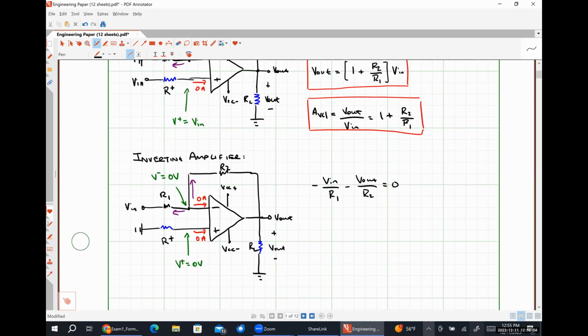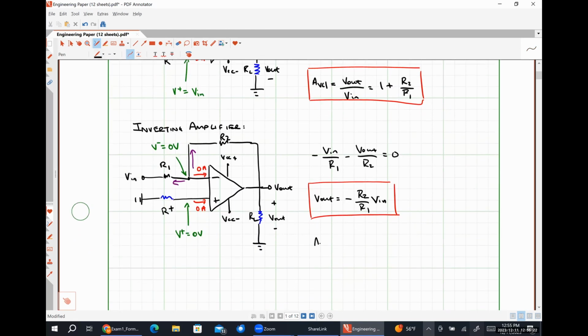And then rearranging ever so slightly, we find that V out is equal to negative R2 divided by R1 times V in. And our closed loop voltage gain, AVCL, will be equal to V out divided by V in, or negative R2 over R1.